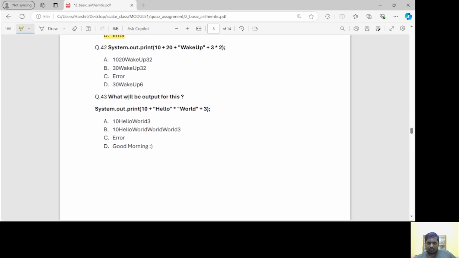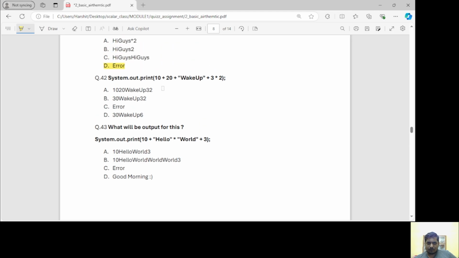Now see question 42 carefully. Wake up plus 3 multiplied by 2.